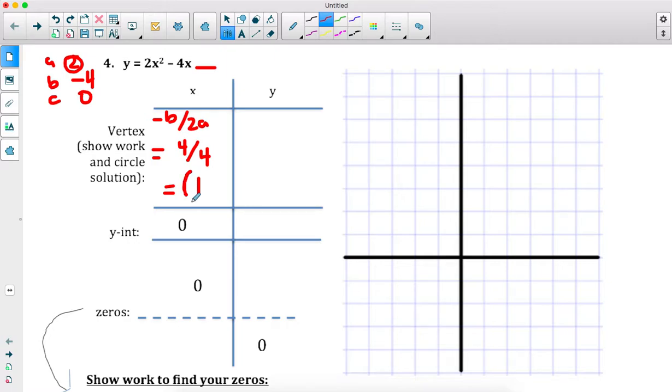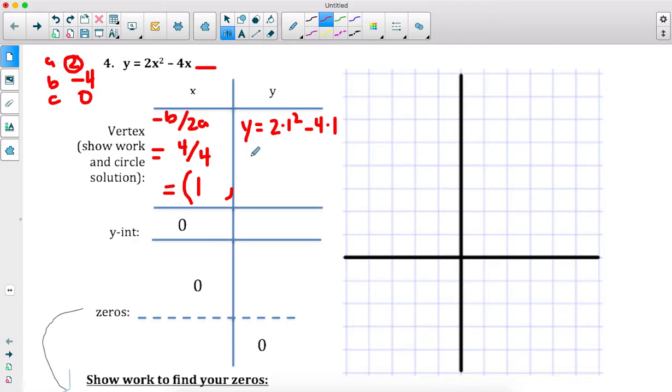So if this were the ordered pair, 1 would be the first number, comma, and then to get the y value, we're just going to replace our x in the equation with what we just got for an answer, which is 1. So it'll be 2 times 1 squared, and then minus 4 times 1.